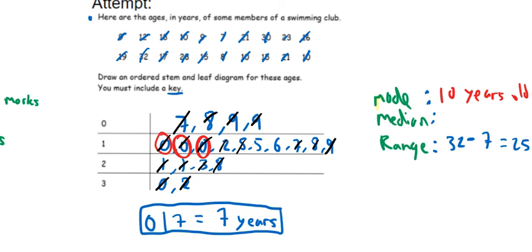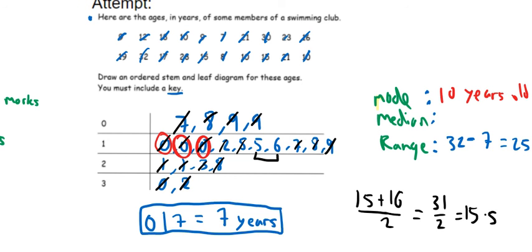And what actually happens here then is I get 2 in the middle. So 15 and 16, and then when you get 2 in the middle, you just add them and divide by 2. So 15 plus 16 is 31, divided by 2 is 15.5, or 15 and a half. So 15 and a half, or 15.5, is the median age of people in the swimming club.